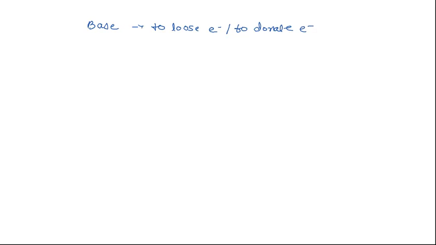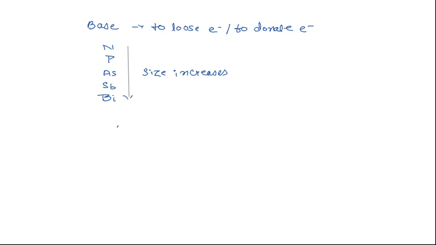Acids. Now these elements which are given are nitrogen, phosphorus, arsenic, antimony and bismuth. Now if I go down the group, what happens? The size of the atom increases.